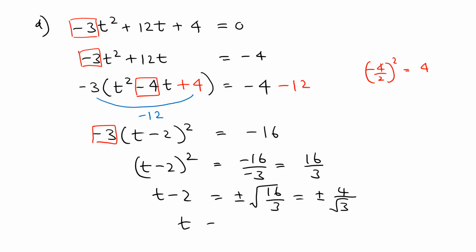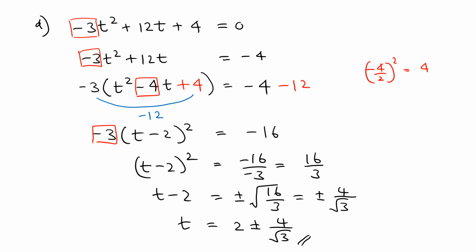So when you add 2 to both sides, it's going to be 2 plus or minus 4 over square root 3. So that is the solution, and we can leave it like that. If you want, you can rationalize the denominator, but that's what we normally did in the early days. The reason is now we use computers, so this is not a difficult task anymore.